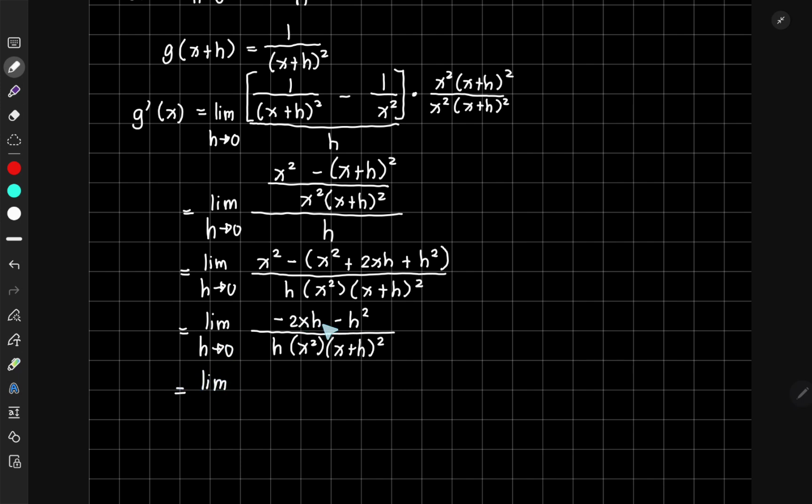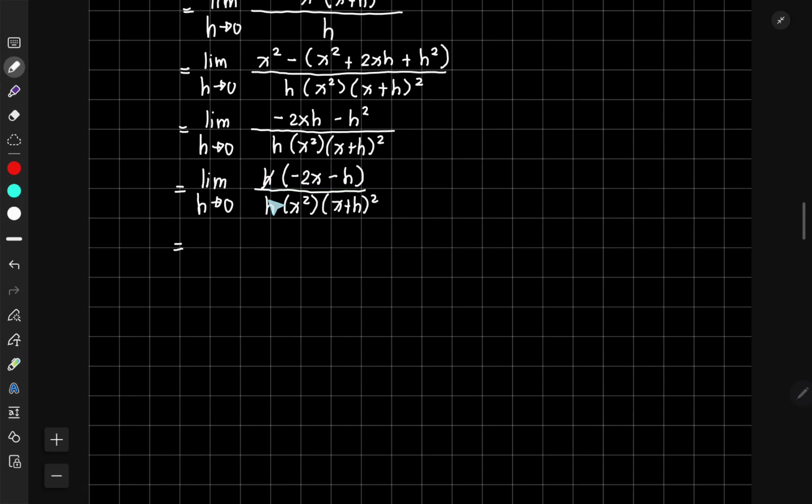Again, in the numerator, their common factor is h, so we can factor that out. This is h multiplied by negative 2x minus h, all over h multiplied by x squared times x plus h squared as h approaches 0. The h cancels out again.